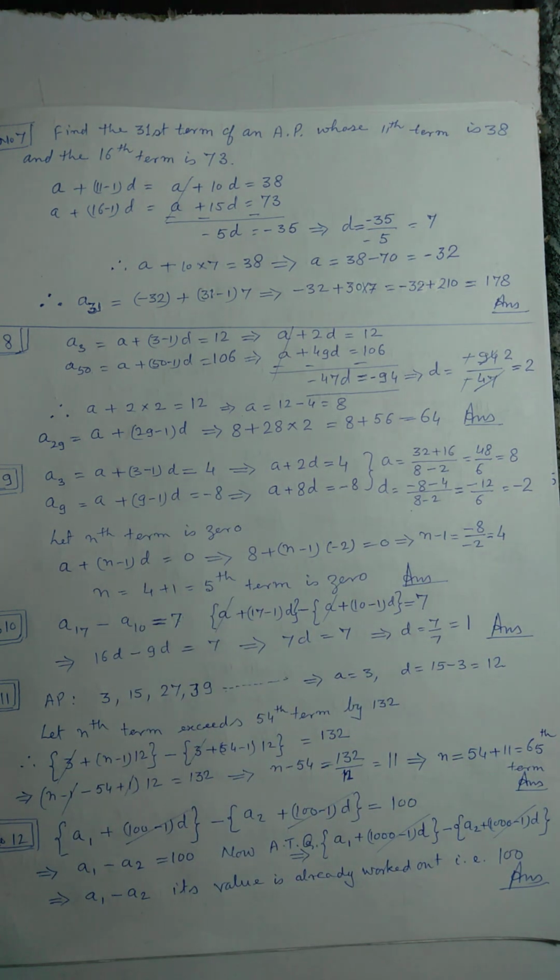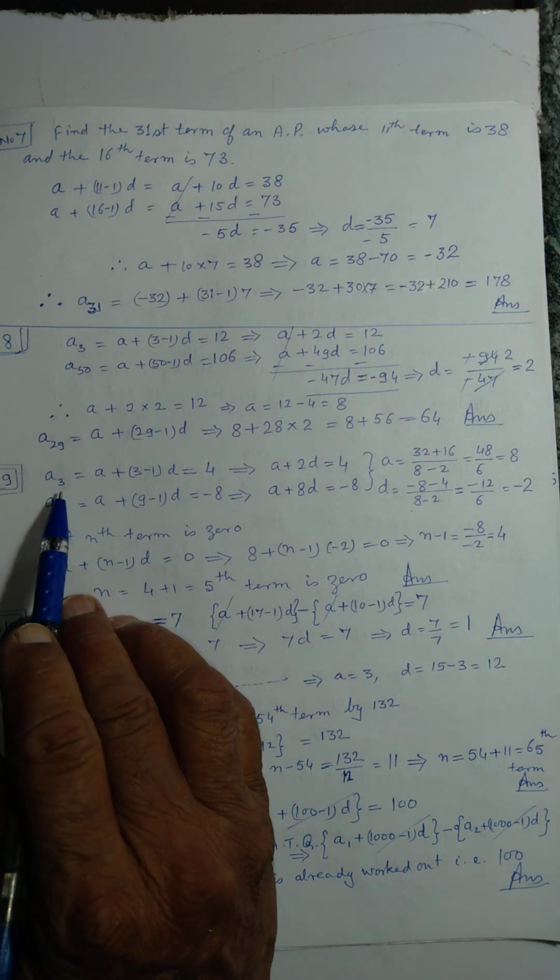Now proceed to question number 9. If the third and the ninth term of an AP are 4 and minus 8 respectively, which term of this AP is 0? We have to find out which term of this AP is 0. Let us see.